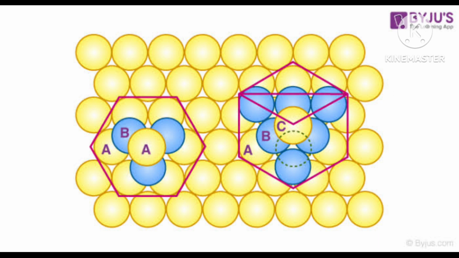Now above these 6 spheres, you keep 3 spheres. Then above the second layer, you keep the third layer, 6 spheres, and arrange them.